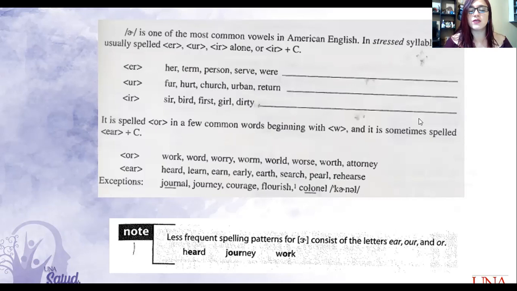Even though you have the L, you say kernel, okay? And this note is taken from the book English Pronunciation Made Simple, where basically they are indicating that these ones are not very common because they are exceptions, of course, and they are here already listed. Okay, we have heard, journey, and work.